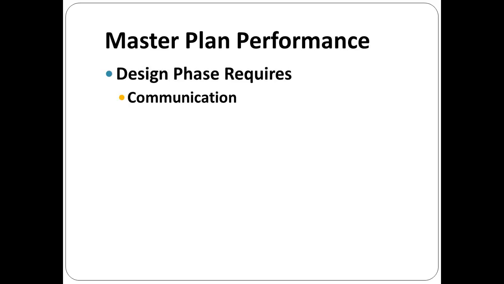So it requires communication. And a good architect that God has put in your pathway to use, that you've selected, should be able to communicate clearly with you. They're not mind readers most times. If you don't tell them, then they're guessing. They're observing and guessing. Tell them.